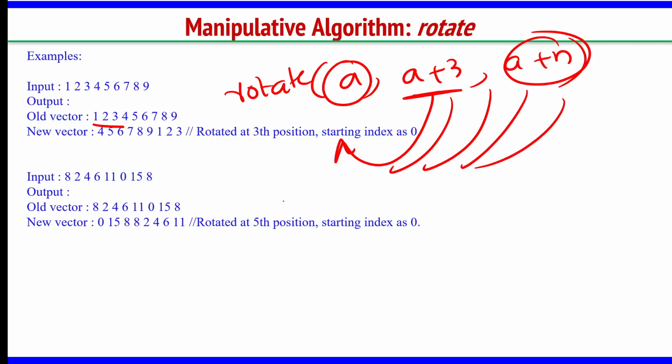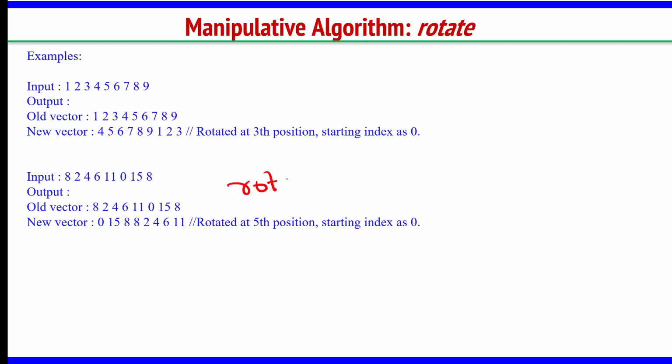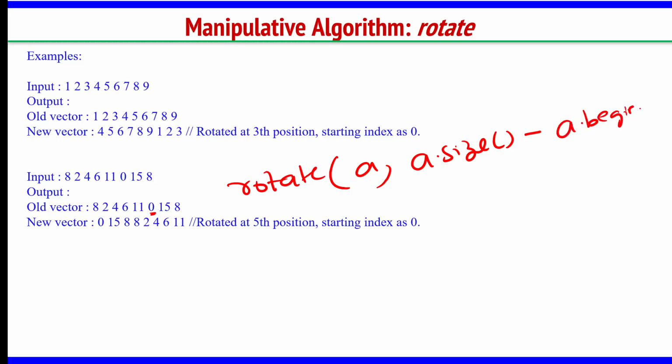Reverse case, you see, rotate: here, which element should become first has to be given. If somebody says rotate left by 3, you have to give A here, then what is the size of this complete array? That size, A dot size, minus the value I want to rotate, that is A dot begin plus 5, like this.